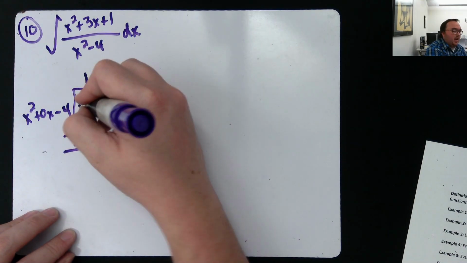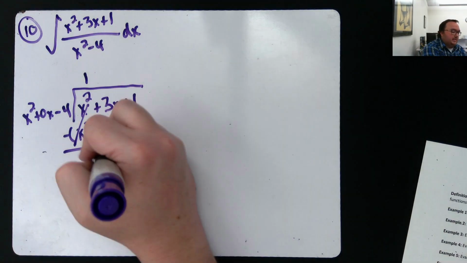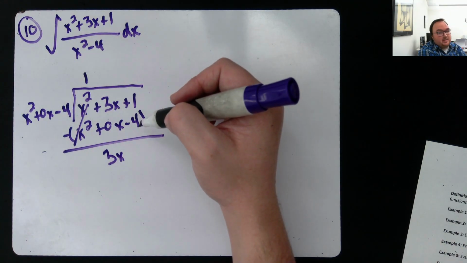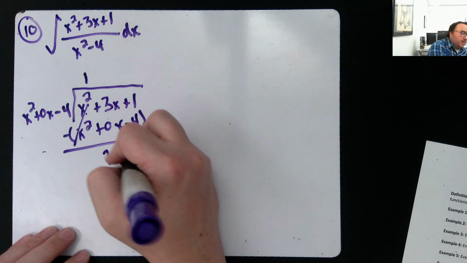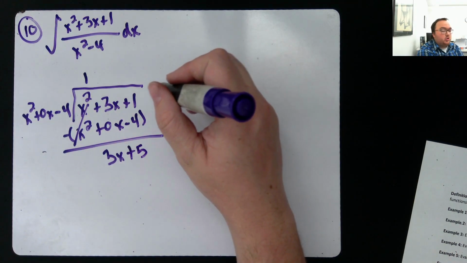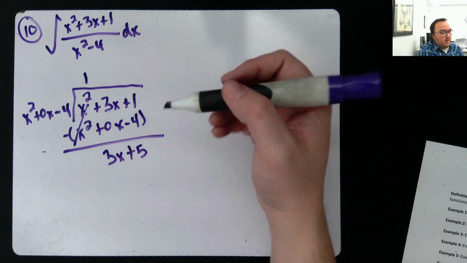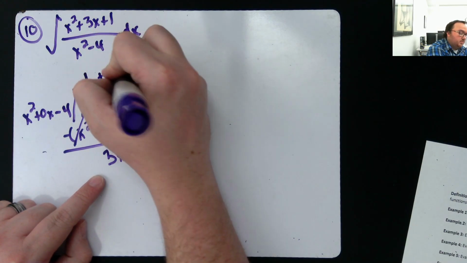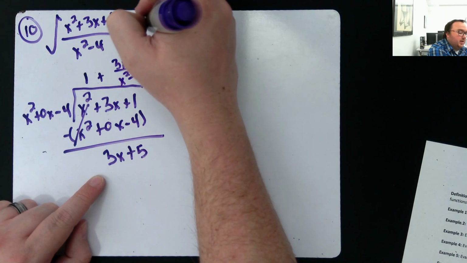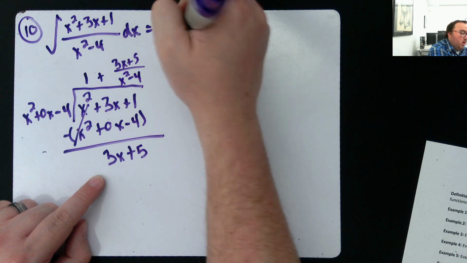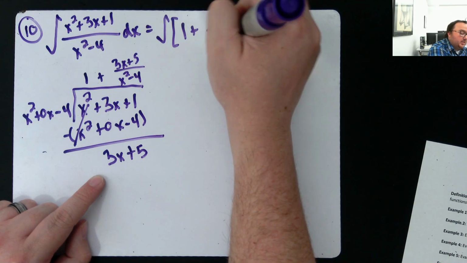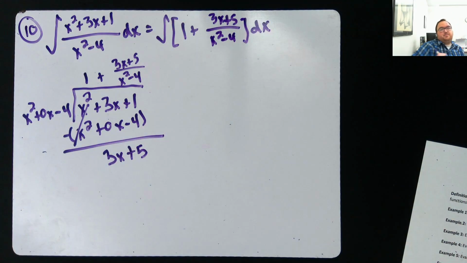X squareds cancel out. 3x minus 0 is 3x. 1 minus negative 4 is like doing 1 plus 4, so plus 5. And there are no terms over here left over, so I stop. This is my remainder. So this becomes the integral of 1 plus 3x plus 5 over x squared minus 4 dx.